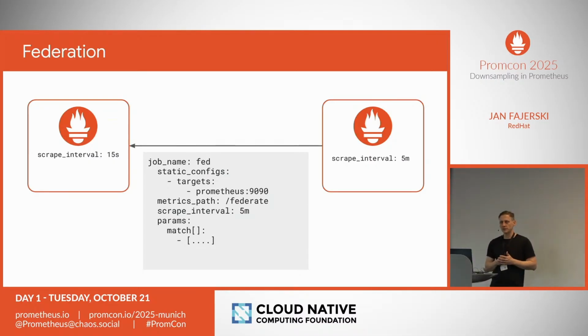You pass a match expression to get the samples that you want. Don't put just a wildcard in there. That'll probably not end well. So you want to be a little selective there. But that's what you can do. And then the second one, of course, has a longer retention to keep the samples around for longer, and you're off to the races.